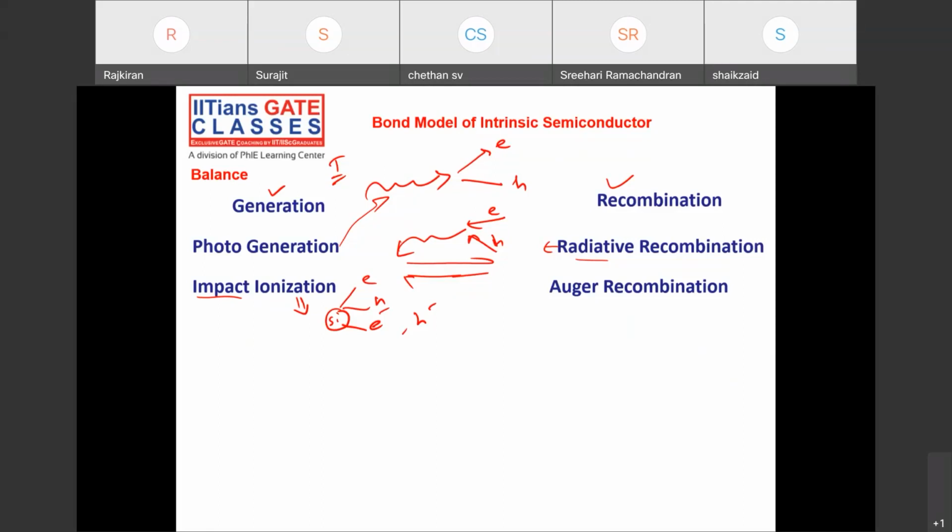Clear, sir. So the reverse process is called Auger recombination. What is the meaning of this?